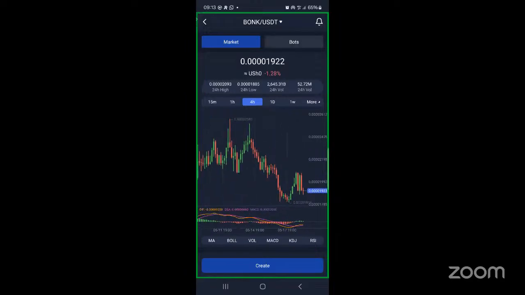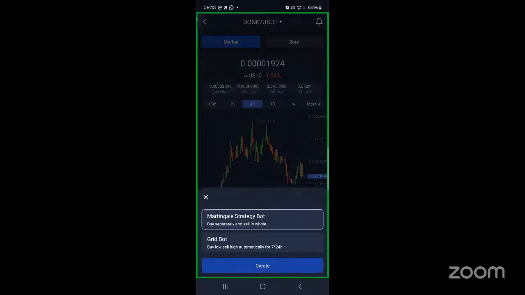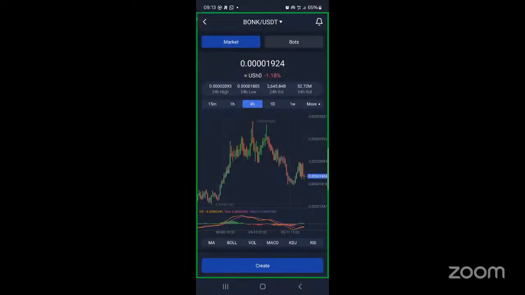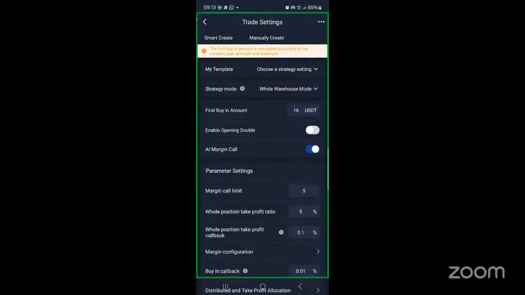Someone wants to trade BONK. Tap on create, martingale strategy, create again. I understand. Trade setting. When you reach here, enter your strategy. You have already created your strategy.